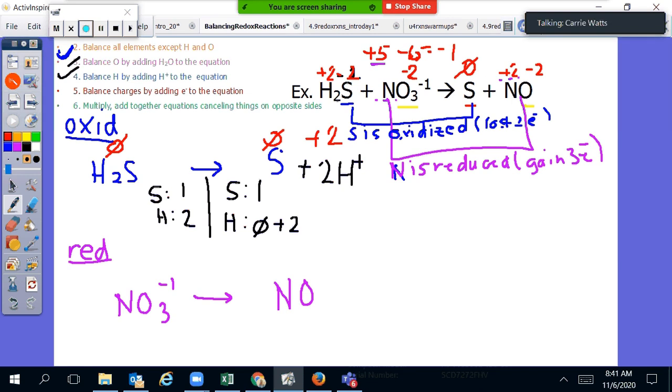Okay, so to make both sides equal, where do you think I have to add the protons, or excuse me, the electrons? To the right or the left side?